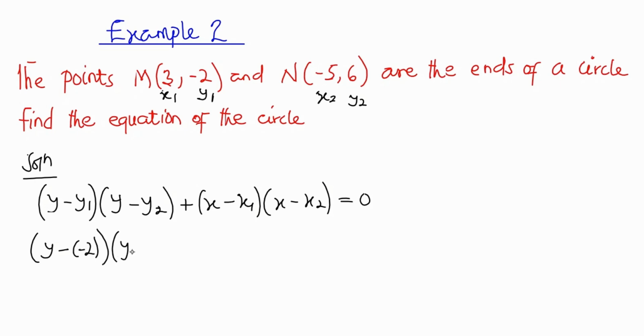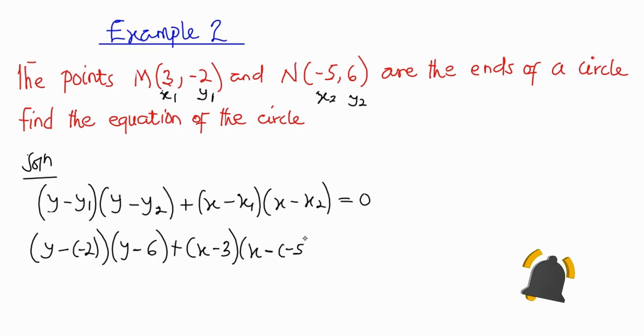And then we have y minus, now y2 is known to be 6, so you have our 6 here, plus x minus, so x1 here is 3, so you have our 3. And then you have x minus x2, which is known to be minus 5, which means there should be minus of minus 5 here. And then we close our brackets, which means that we have to equate everything here to 0.